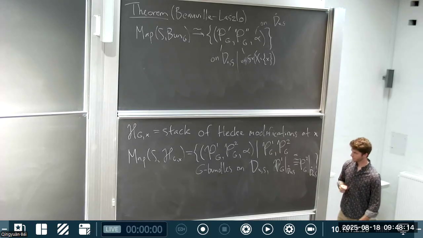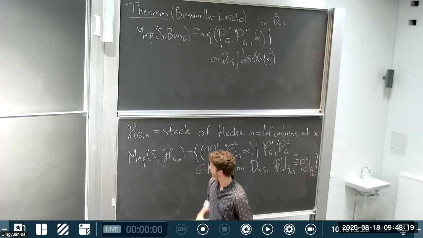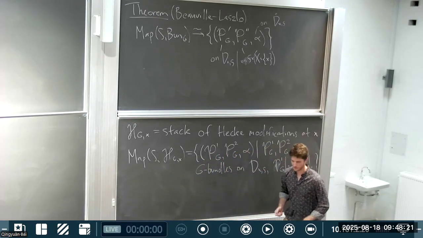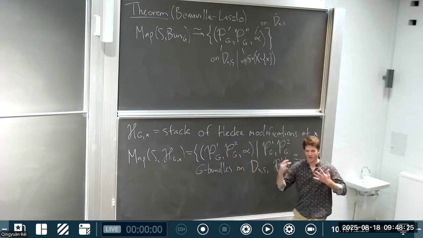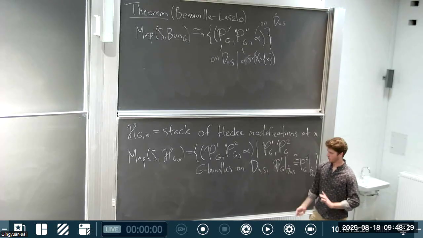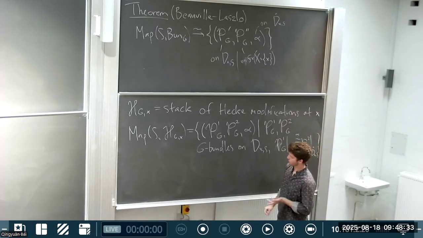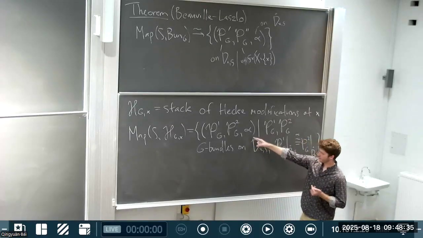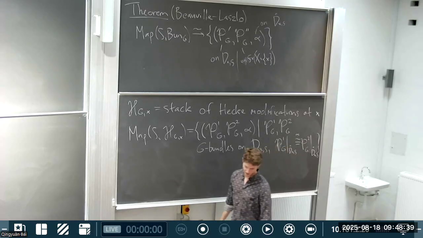Okay. So this is, again, some abstract stack. I have just barely enough time to say a few words about what it actually looks like as an algebraic geometric object, similar to how I did for Bun G. Let me postpone that for a minute and say it's not just an abstract stack, it also has another structure. Namely, I can compose such triples. So in fact, this is a groupoid.